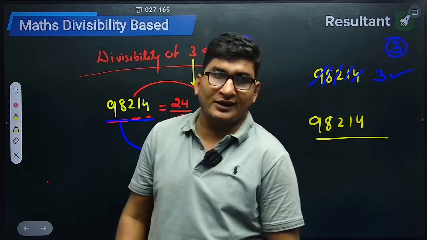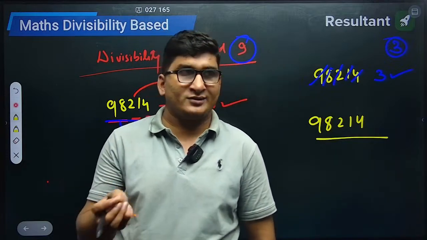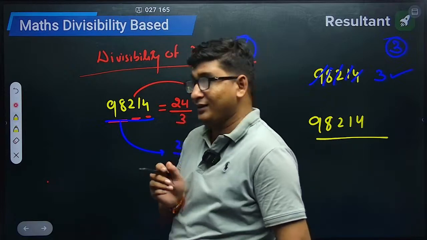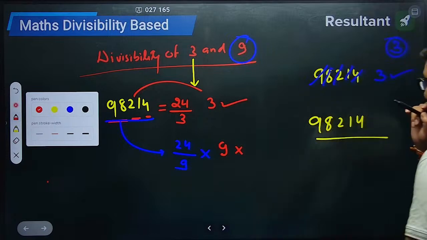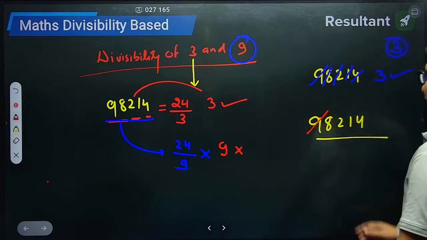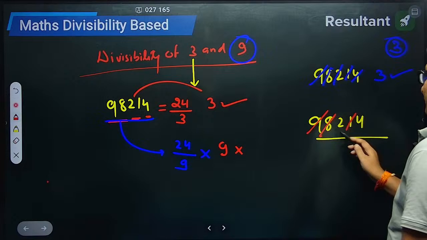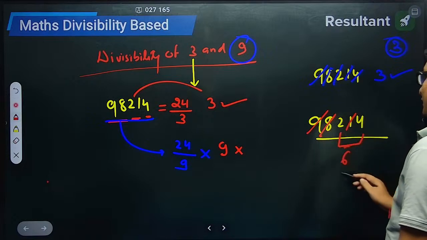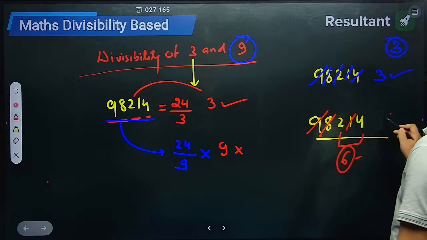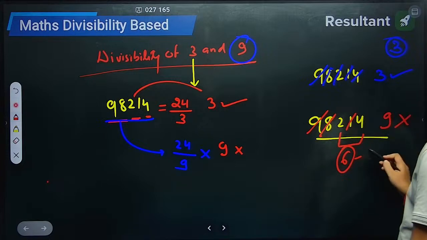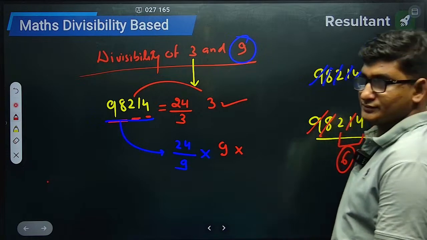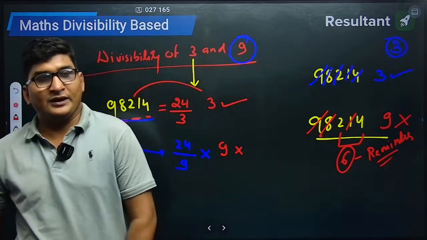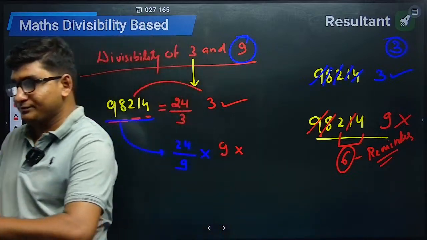I told you if you create multiples of 9, or the sum of any 2 or 3 digits is 9, then you can cancel that out. So here, 9 is exactly a multiple of 9, 8 and 1 make 9, but 2 and 4 give 6. So the remainder will be 6 and the number will not be divisible by 9. If you want to find the remainder, this is the way of finding the remainder by 9. Correct? Please tell me fast. If there is no problem here, please confirm.